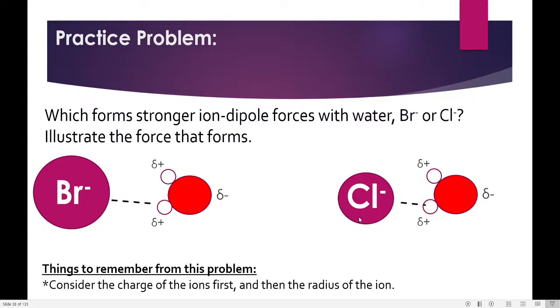Here's my smaller chlorine. It's attracted to the positive dipole of this polar molecule because it's negative. Same thing's true with bromine, but it's bigger. So because it's bigger, this force will be longer and weaker. So Cl minus is going to have the stronger force.